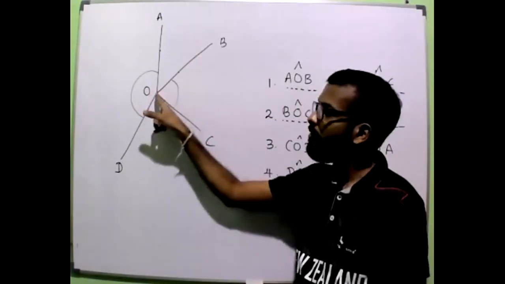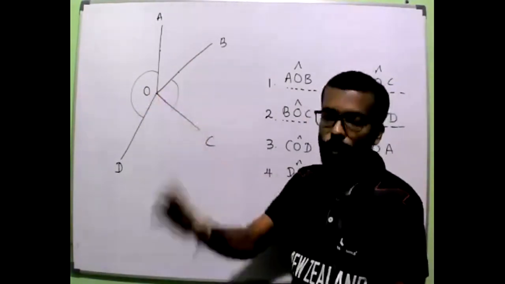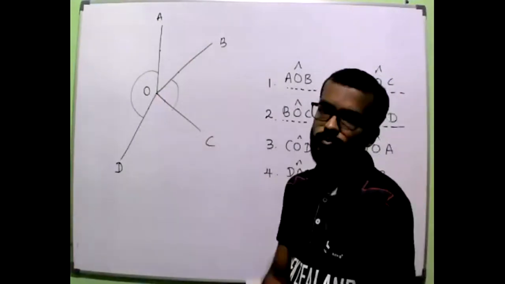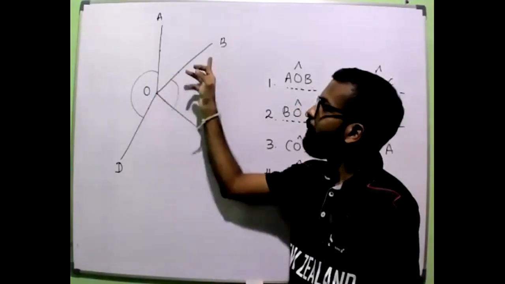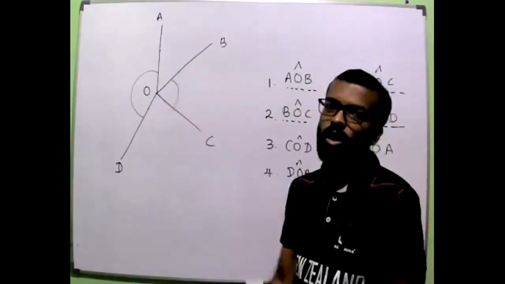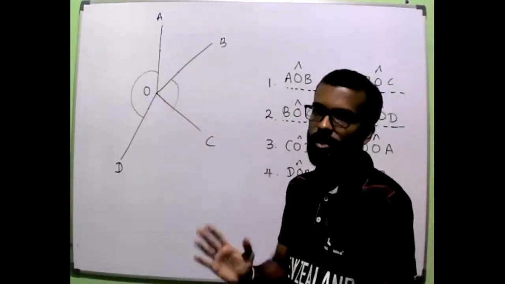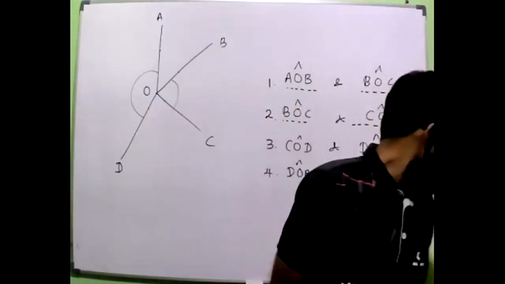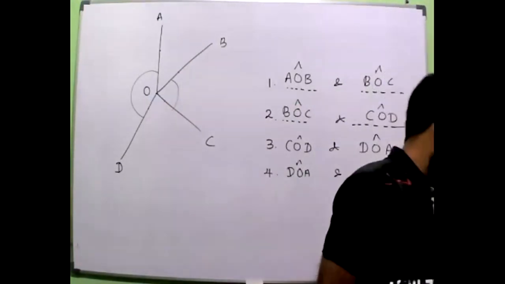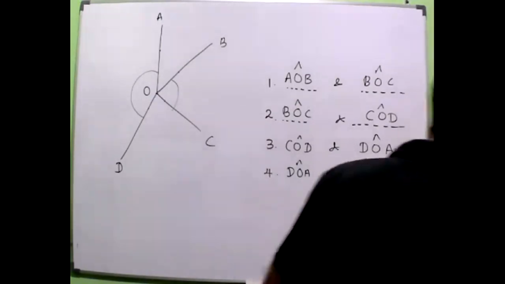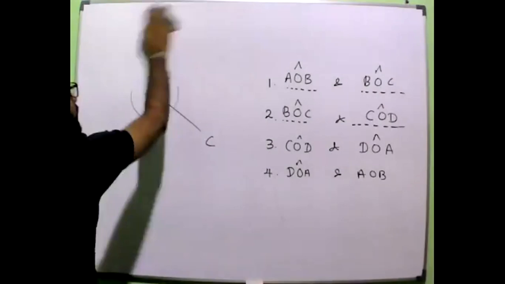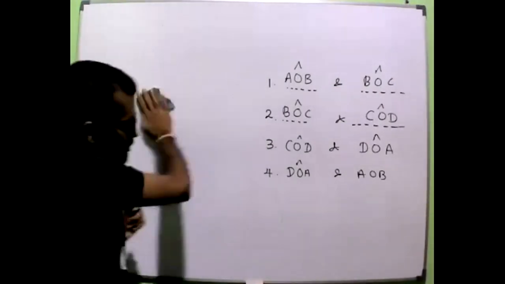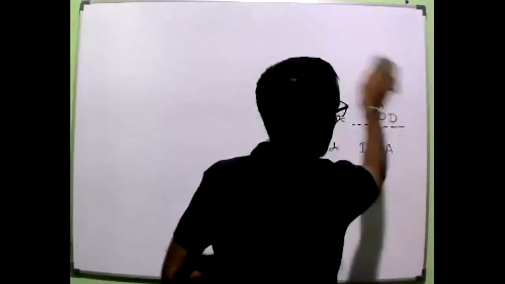Here you can find a common vertex, but no common arm. So BOC and AOD are not adjacent angles. Now keep that in your mind. So now let's go for some questions.